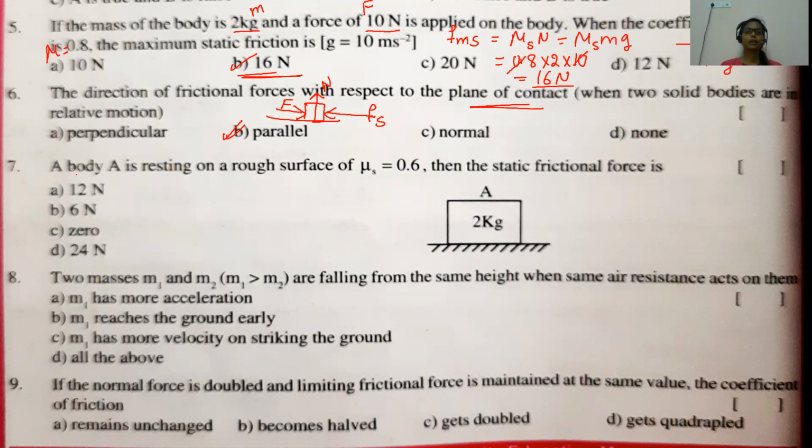Next question. A body is at rest on a rough surface with a given coefficient of friction. Then they ask what the static friction is. Here they have not given any applied force. Since there is no applied force, there is no friction either. If we apply something, then only opposition will come.